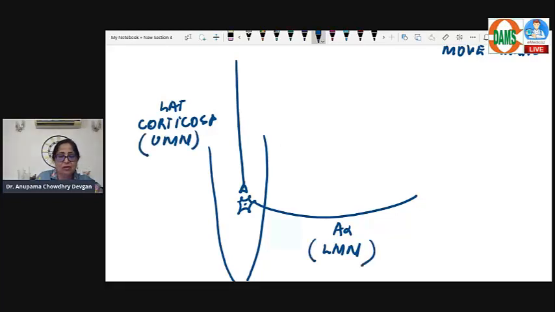Where is the cell body of the A-alpha motor neuron? Anterior horn of the spinal cord. A-alpha will be present in each spinal segment: cervical, thoracic, lumbar, sacral. You will have these A-alpha motor neurons which are controlled by the pyramidal tract. So there should not be a problem.